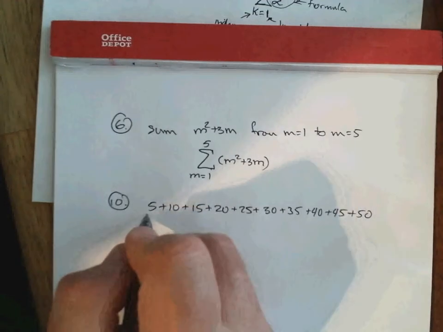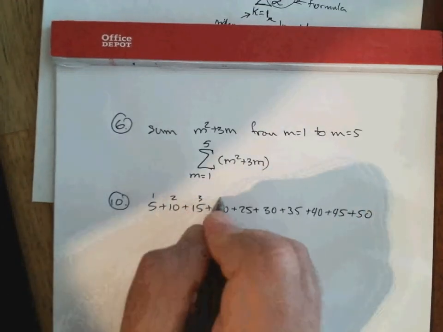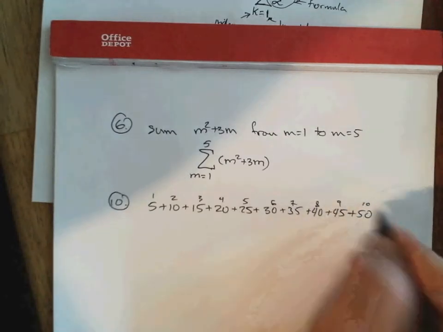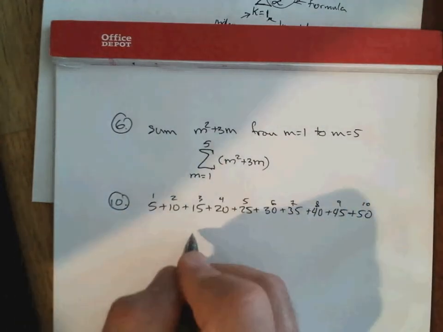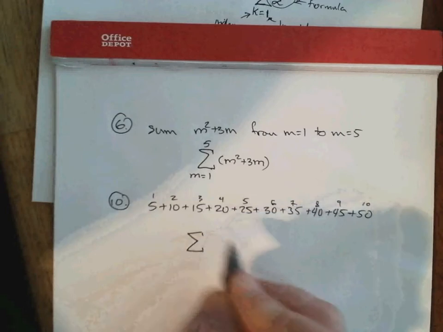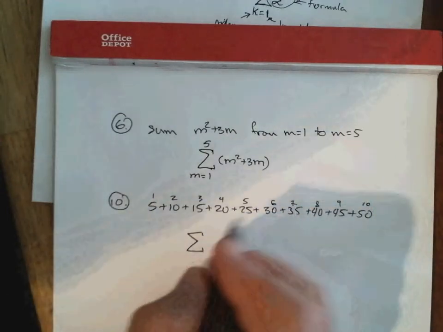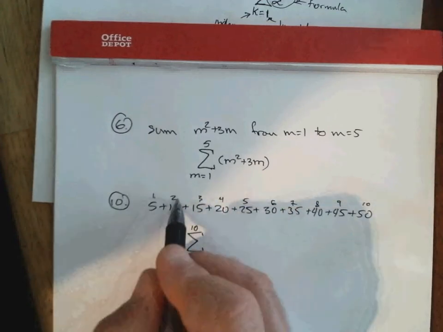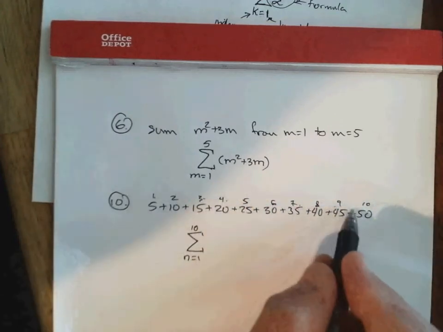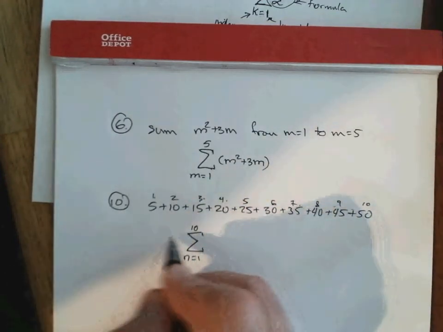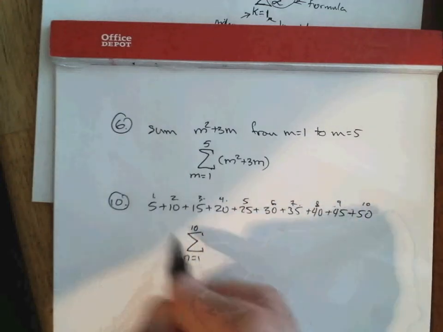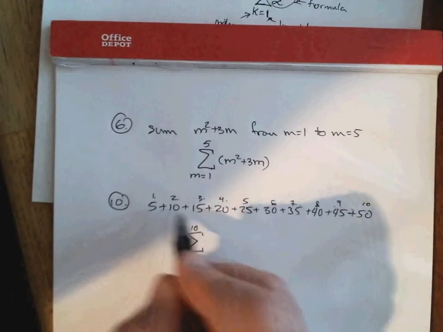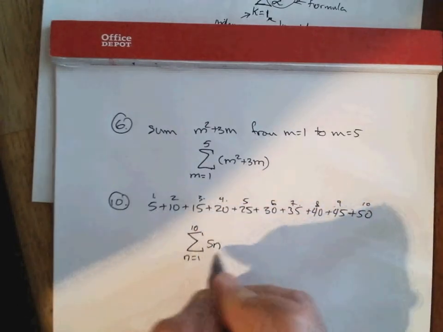And so I want this to be the first, second, third, fourth, fifth, sixth, seventh, eighth, ninth, and 10th term added up. And so here's how I would write that sum. Okay? We write it with an index n running from 1 to 10. 1, 2, 3, 4, 5, 6, 7, 8, 9, 10. Okay? And what we want to add up is every time, when n is 1, 5, n is 2, 10, we're adding up simply 5 times the index.